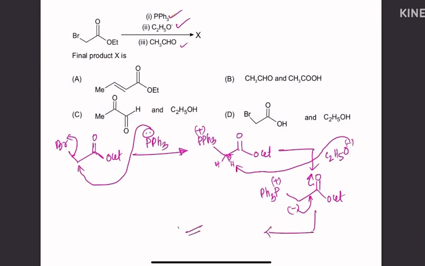So this will form a PPH3 plus, and this will form an O minus, this is OET.